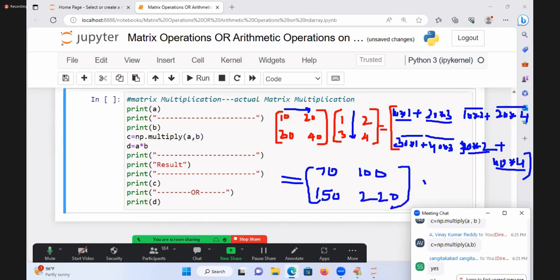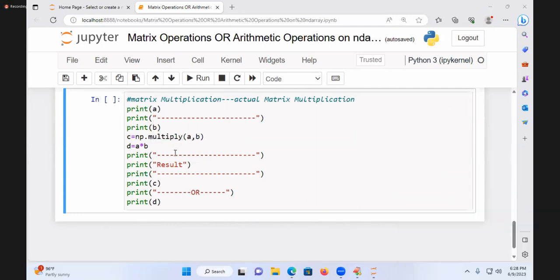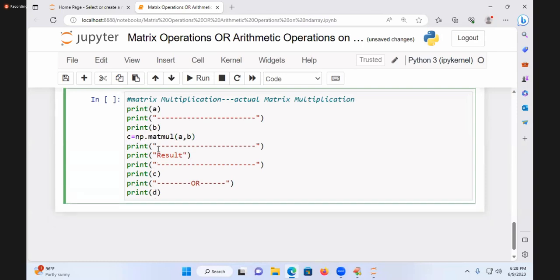This is called actual matrix multiplication. In place of multiply, I will write matmul, A comma B. It can also be written as dot of A comma B. There is no such symbolic notation for that.